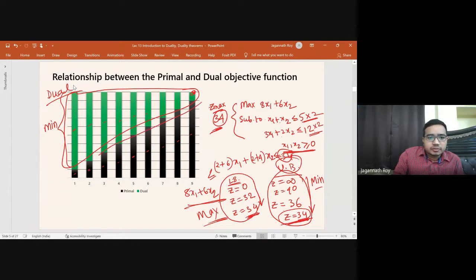And for the black strips, these are the primal values. If you try to find the maximum, it is here. So this is a nice graphical representation of primal and dual objective functions.